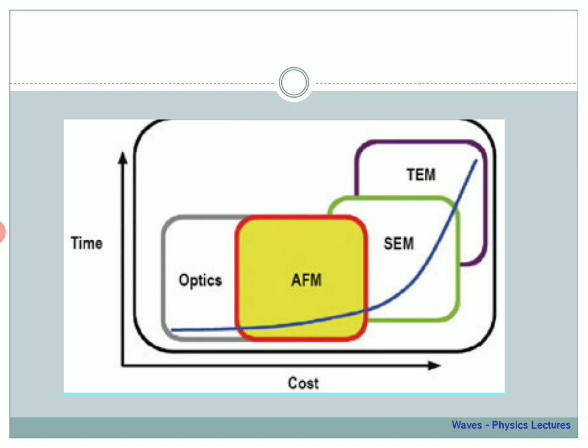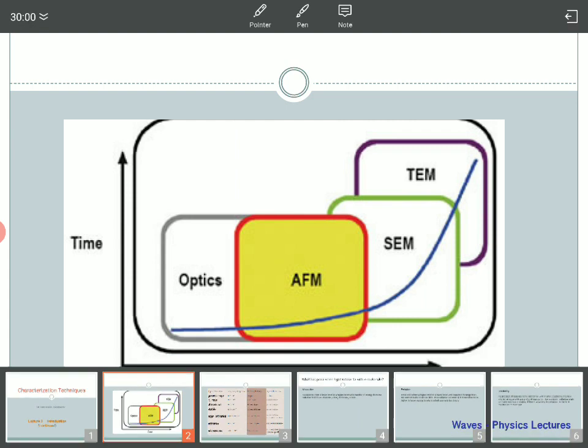Some of the techniques which I said were optical, and then AFM, then SEM, TEM, and so on. But what kind of technique you use also comes at a cost of both finance as well as time. So if you want to do any kind of experiment or characterization which deals with optics, the time and the cost both are at the lower end.